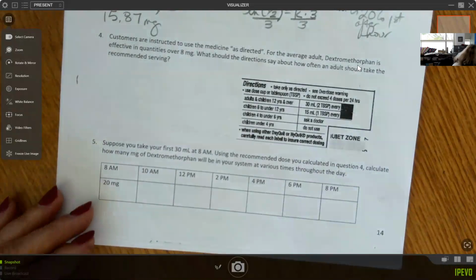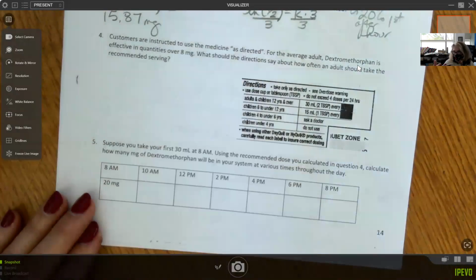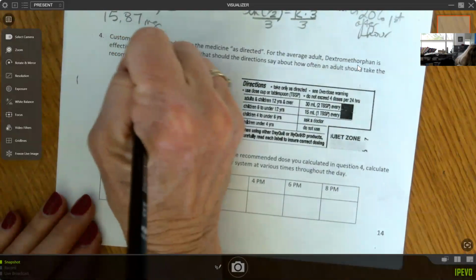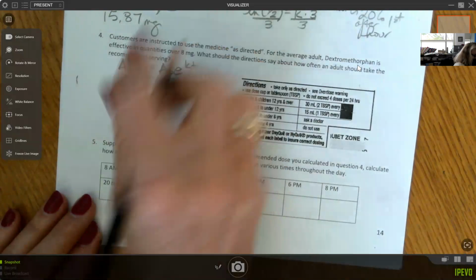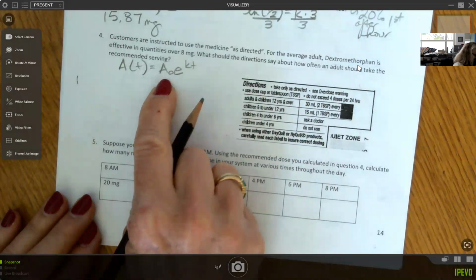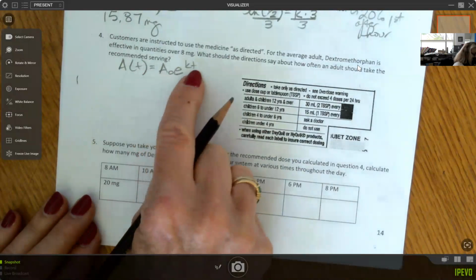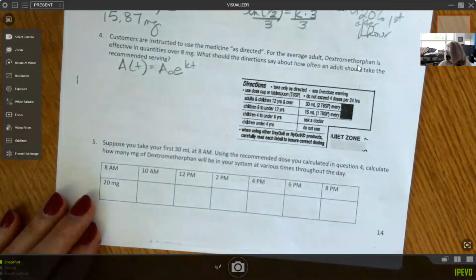So what we're going to do is figure out how often you should take it. The way I'm going to do that, remember, this is the formula, and we're going to write it in the box too, right? The amount you have after some time is the initial amount times e raised to the kt. So I'm caring about how long does it take to get down to 8 milligrams?